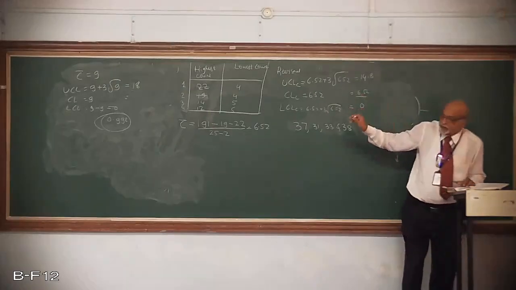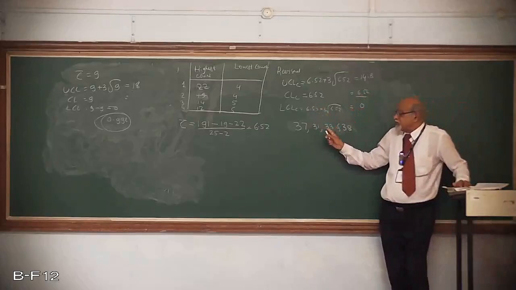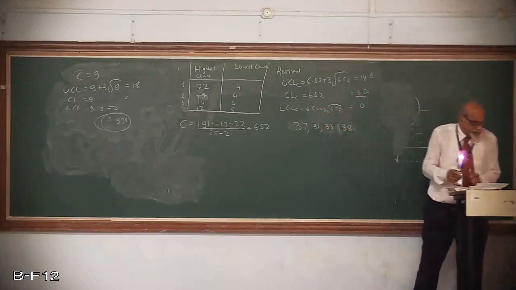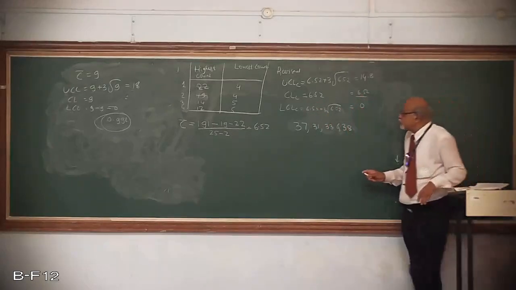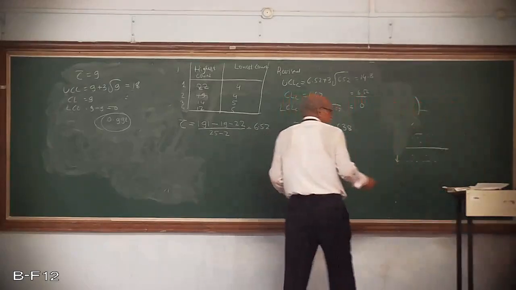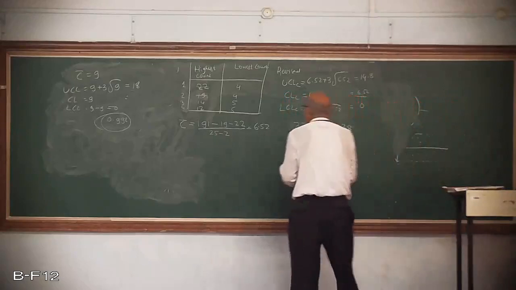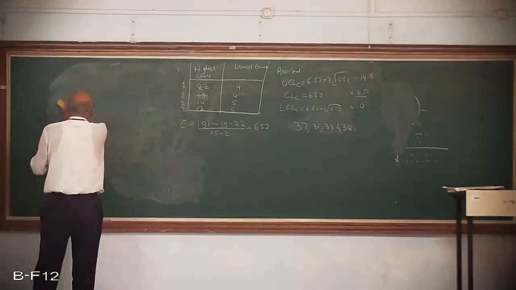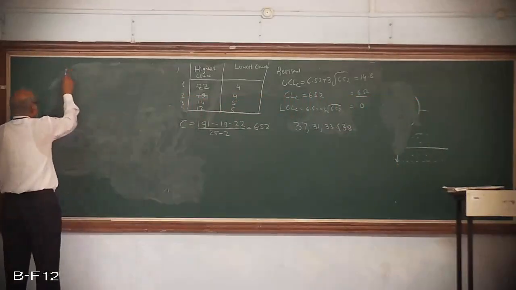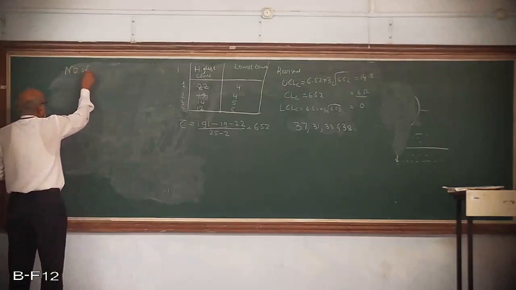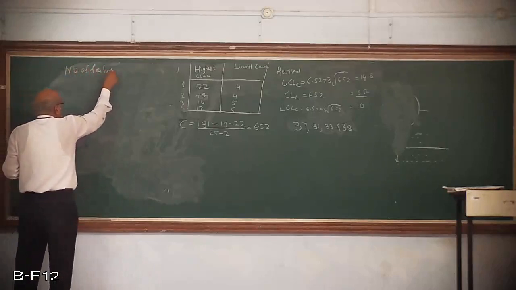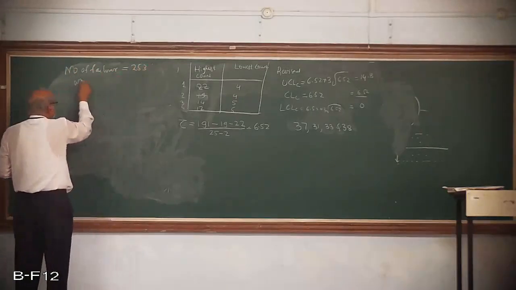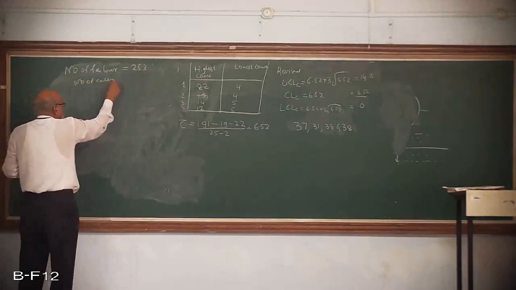Now we need to find the average value. The total number of failures he has given is 253. The number of colleges is 15.